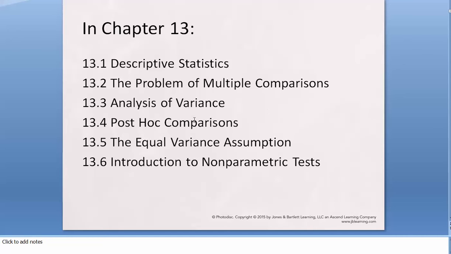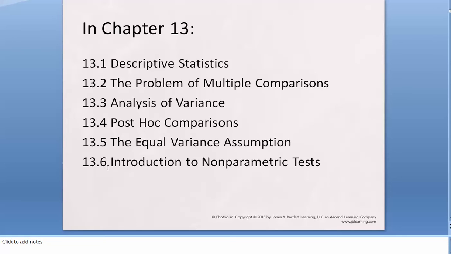And then, of course, in order to do this, there are certain assumptions, specifically the equal variance assumption. That means you have to assume that the variances within each group are the same. We are not going to worry too much about that, but I just want to include the slides. So 13.5, I'm not holding you responsible for.